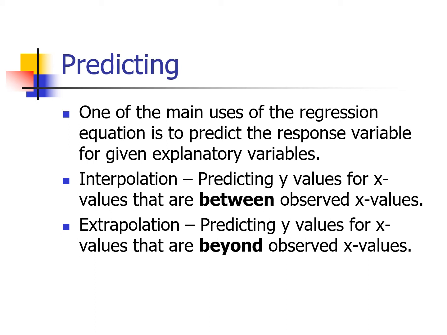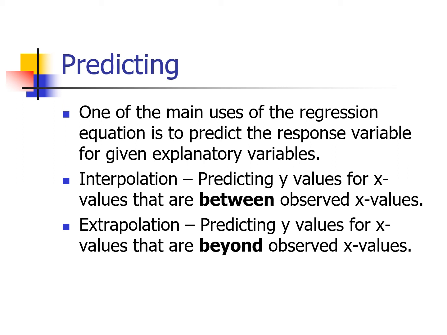But before we do that, I want to talk about two important concepts, and that is interpolation and extrapolation. Interpolation is predicting y for values of x that are within our observed x values. Extrapolation is predicting y for x values that are beyond our observed x values. So imagine that we have a sample of 99 bears, and for those 99 bears, all their neck girths are, say, between 5 and 10.